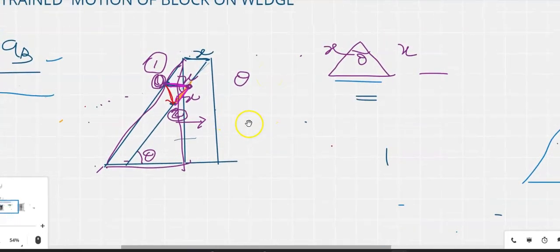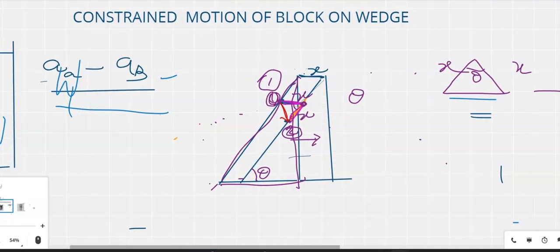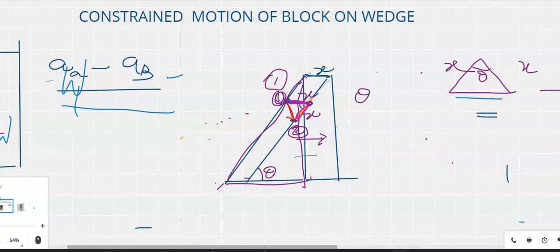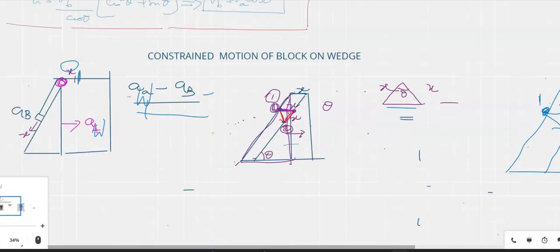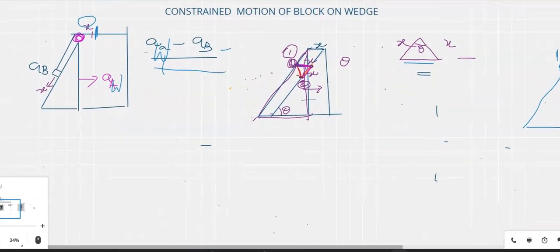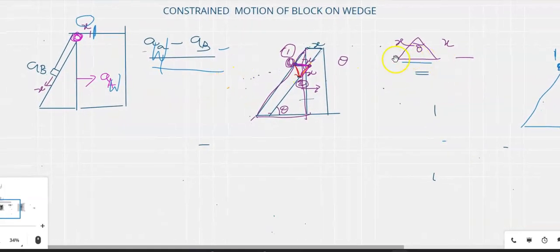Maybe this is a bit better. So this is x, this is x, and this is x. So this is the triangle, and this is the displacement.